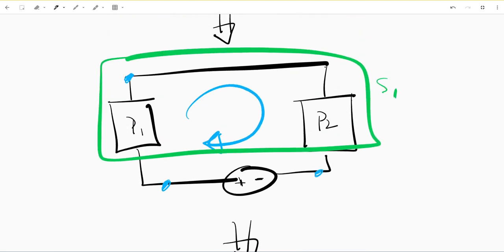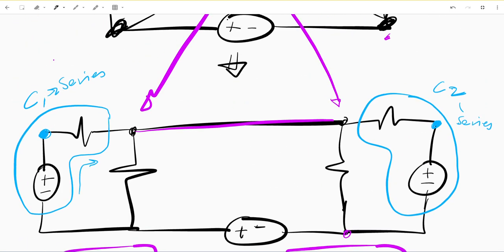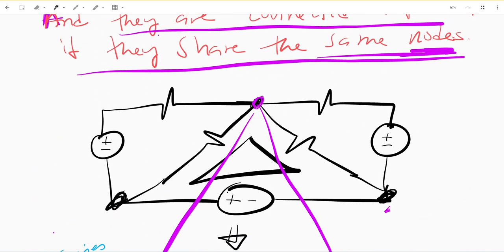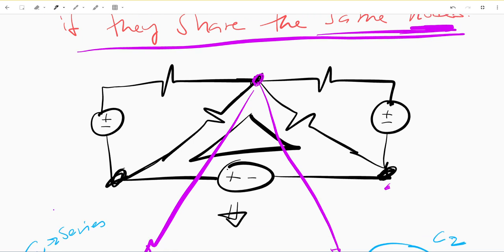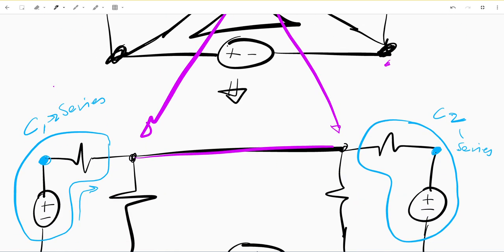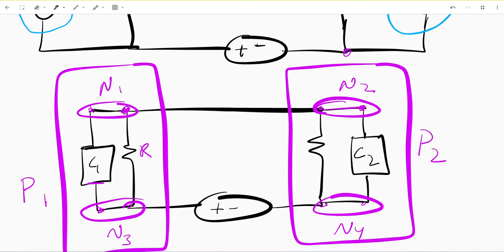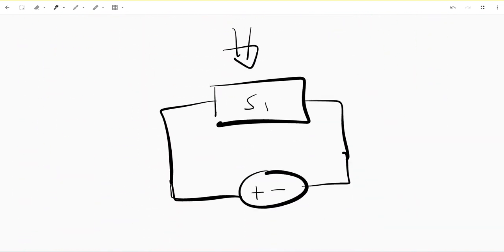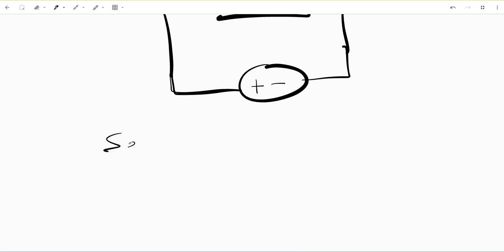So this is how we can reduce, or analyze, this complex delta circuit and simplify it into something like this using our knowledge of series and parallel.